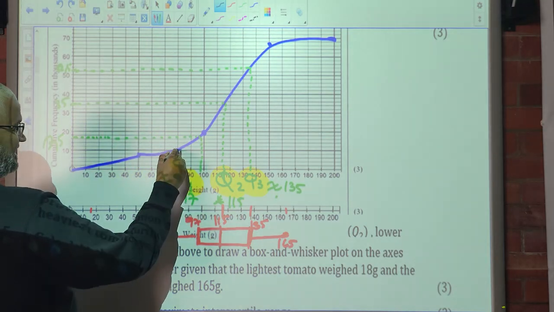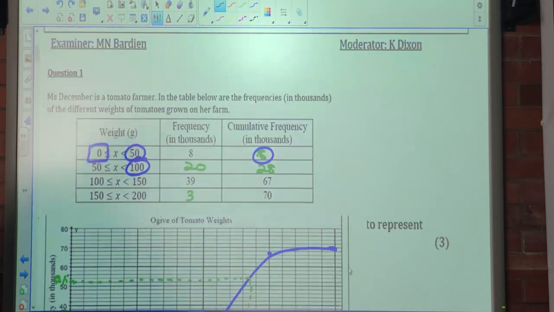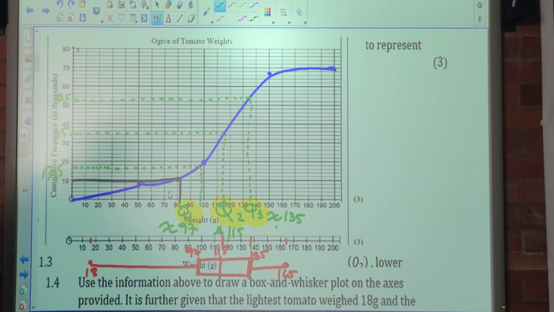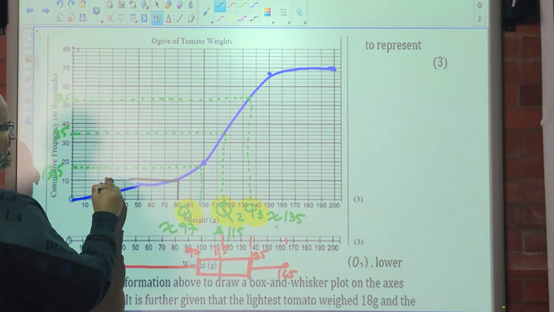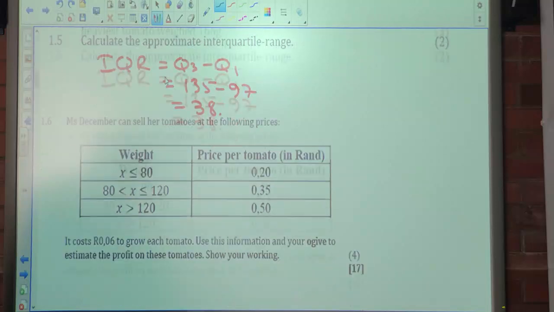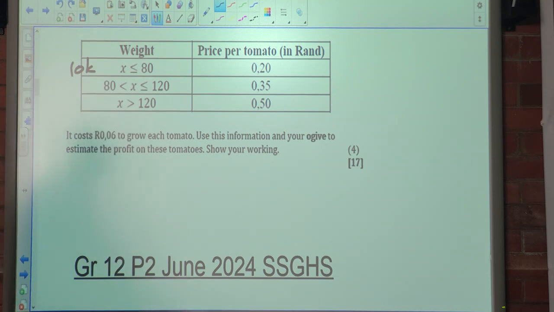They said 80, so there's 80. 80 grams corresponds with 10. So therefore, there are 10,000 tomatoes in this category. Can you see that, people?